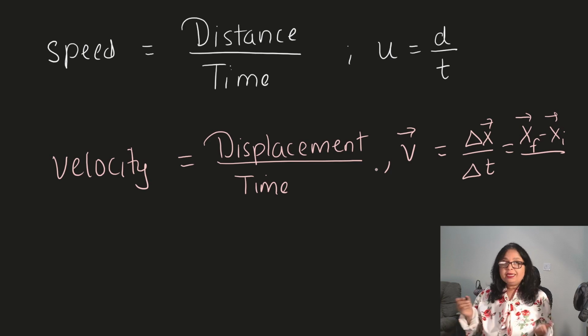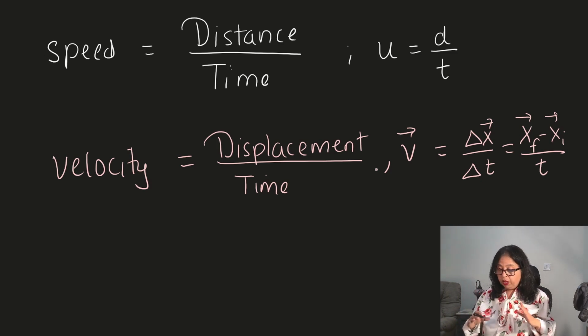Divided by delta t, which is final time minus initial time. And you can always take initial time to be 0 and final time to be just t. So instead of writing delta t, I can just write t. It's very customary to write it like this. What it means, again, I'll show you in a later chapter.